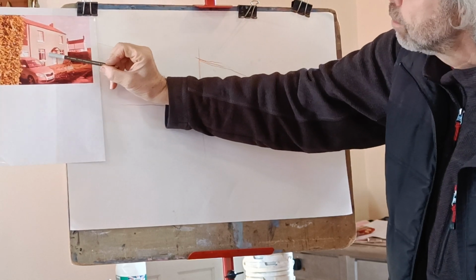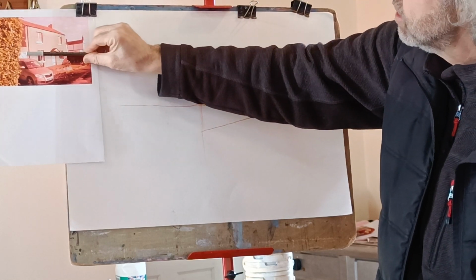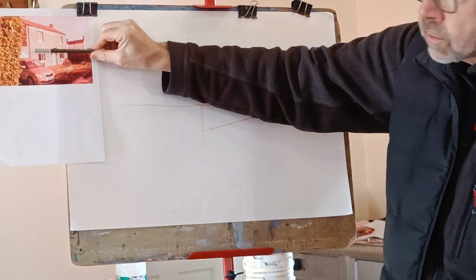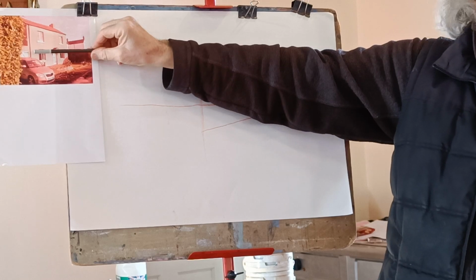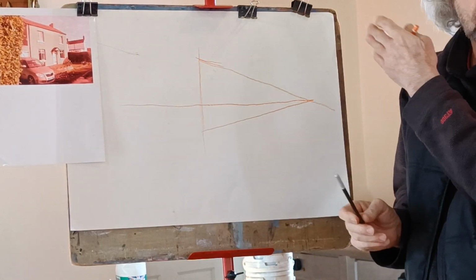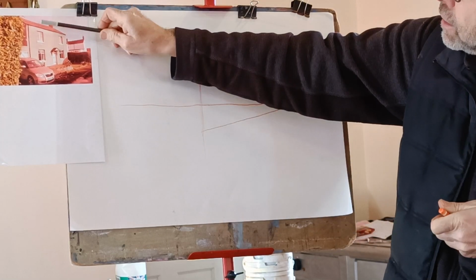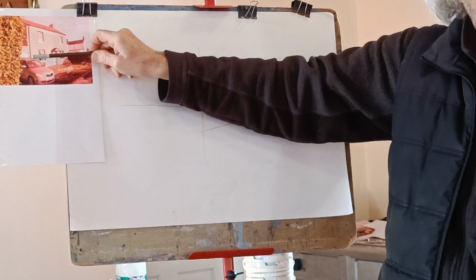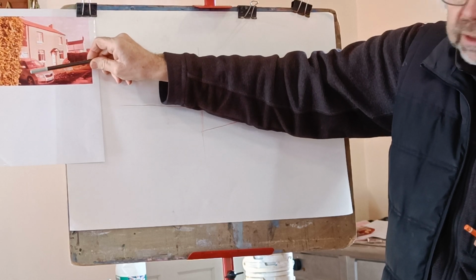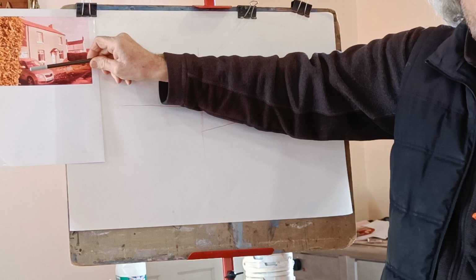So these window bars here are fairly horizontal. That's the way of working out where the eye level is. If you look at a painting or a photograph, that's how you'd work out where the eye level would be. And then below that level, the angles would go the other way.